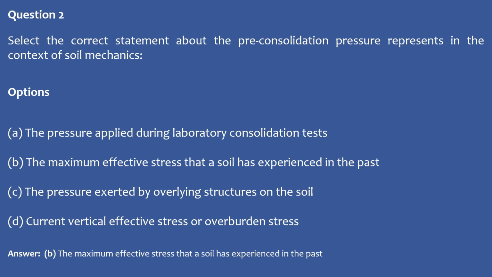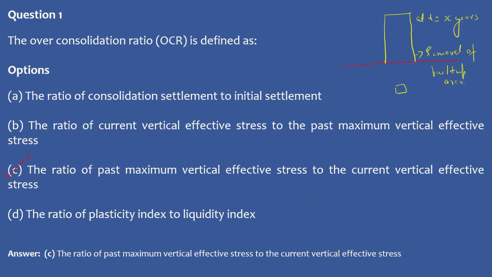Yeah, so the correct answer is B. In the previous question, we have seen how a particular element is subjected to loading at some certain time, and due to that loading, the element has undergone a permanent state of stress, which we evaluate using the over consolidation ratio.